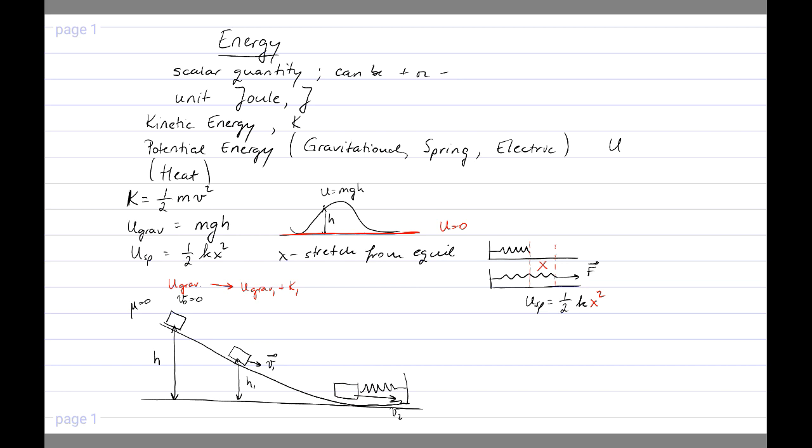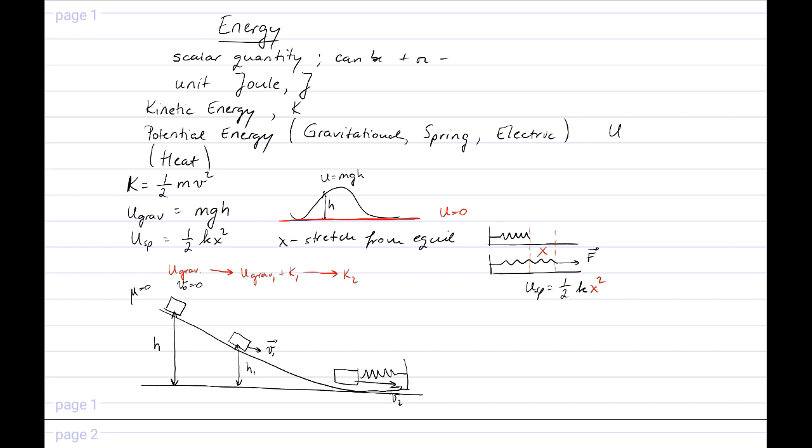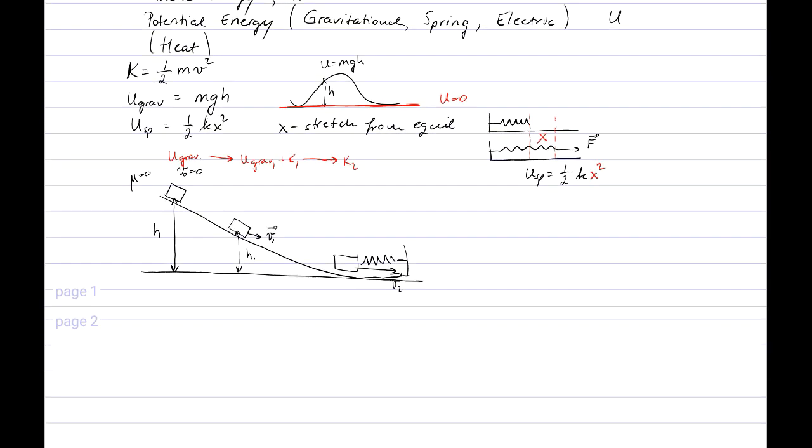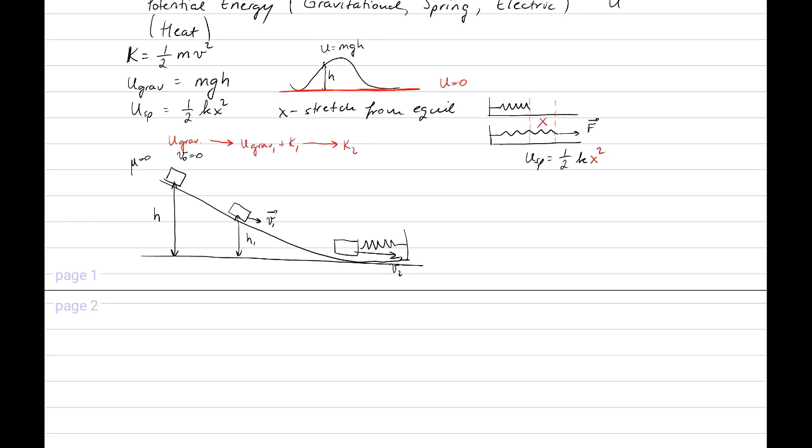But what I mean here is that all of the energy that the block had initially was transformed into just kinetic energy. Since the block is at ground level, mgh is going to be 0, and all of the energy was transformed into kinetic energy.